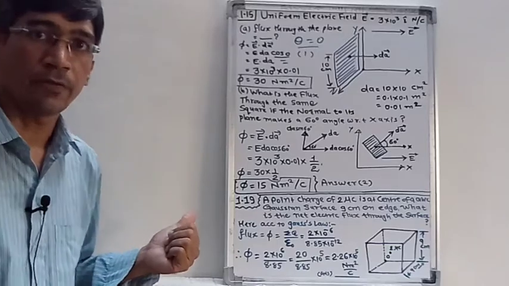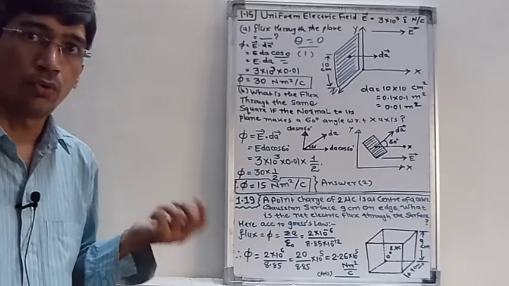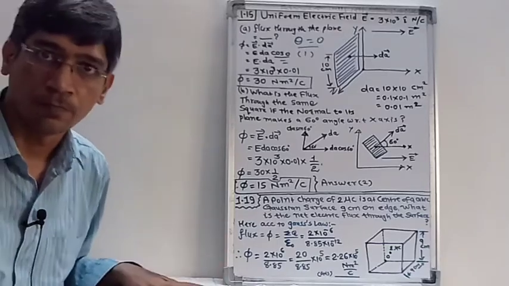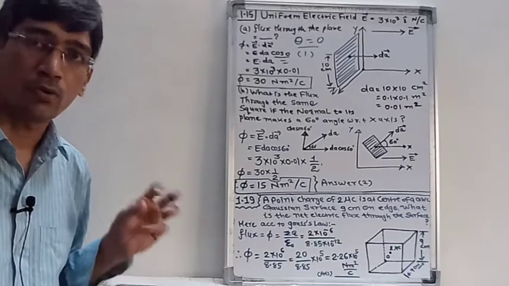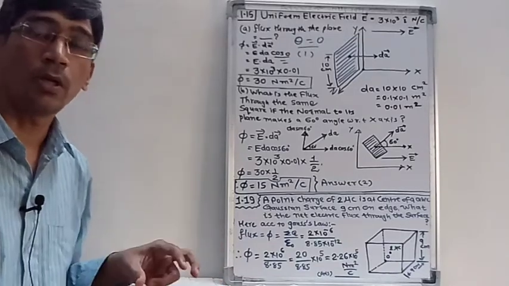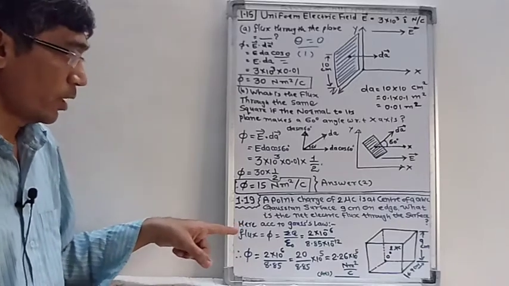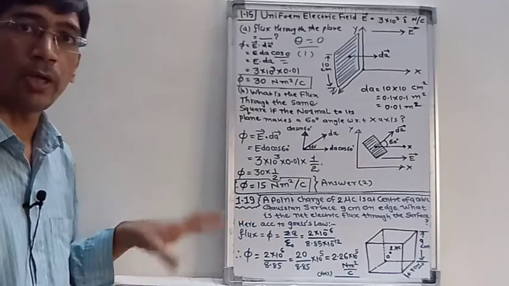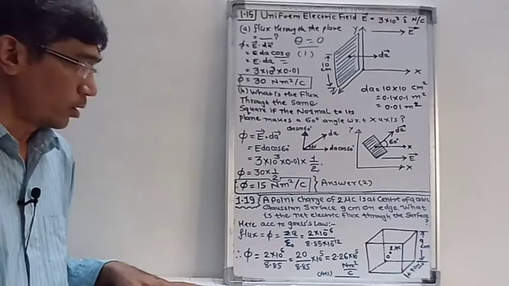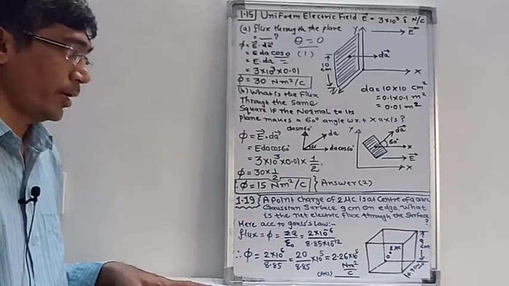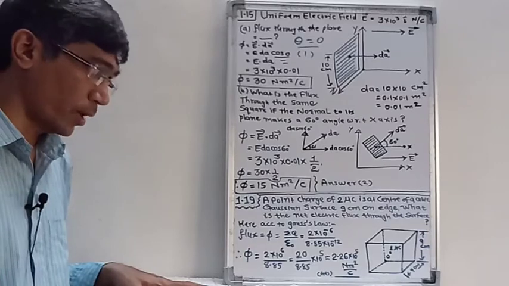So we get the equation phi is equal to q upon epsilon 0, the total charge enclosed by the Gaussian surface upon epsilon 0. So here flux is equal to 2 into 10 raised to minus 6 coulomb upon 8.85 into 10 raised to minus 12.